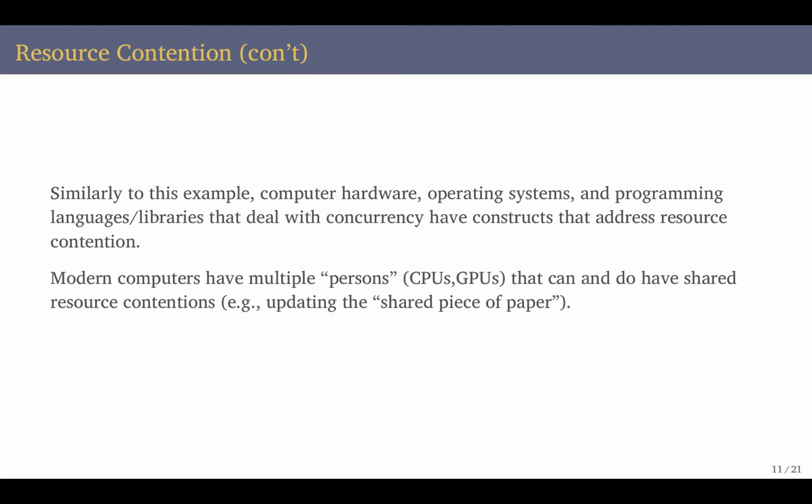You can generalize in that way. So, if everyone's just reading it and the value is there to begin with, no problem. No updates to it, no problem. Okay. But, of course, we often want to update things. So, we're going to have an issue when we want to do updates, and that's updating the shared piece of paper. Okay.